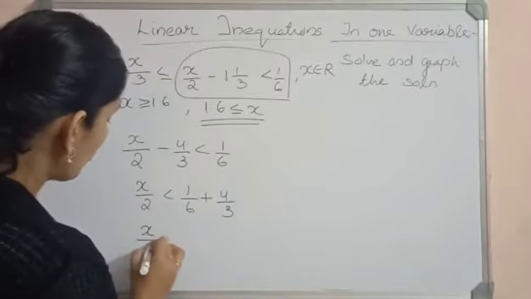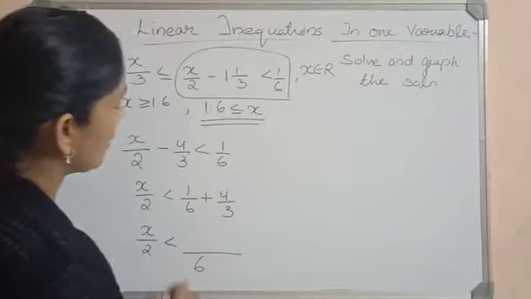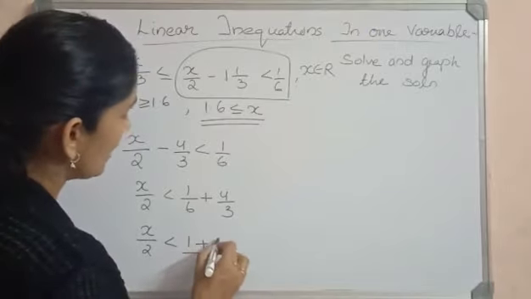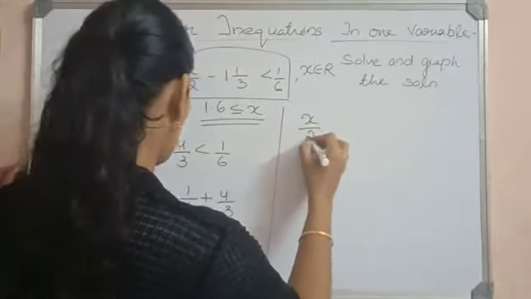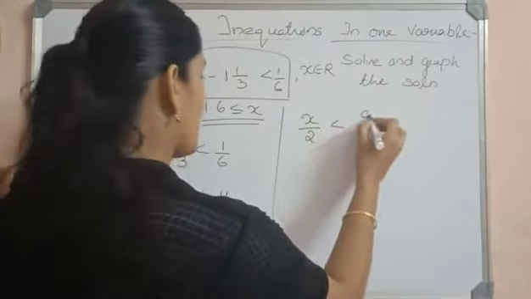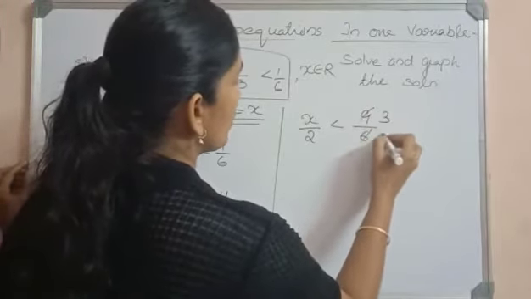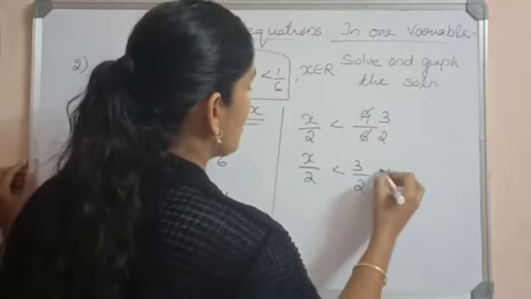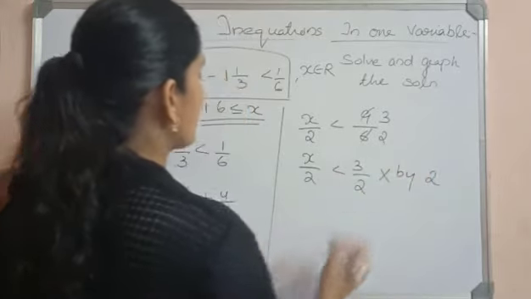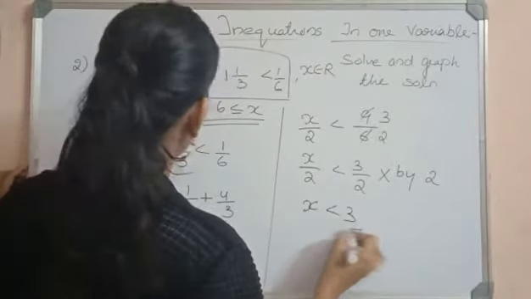Then x by 2 less than 1 plus 8 upon 6, where 6 is the LCM, and this is x by 2 less than 9 by 6, cancelling by 3, this will be 3 by 2. So x by 2 is less than 3 by 2. Multiplying by 2 both the sides, we get this as x less than 3.